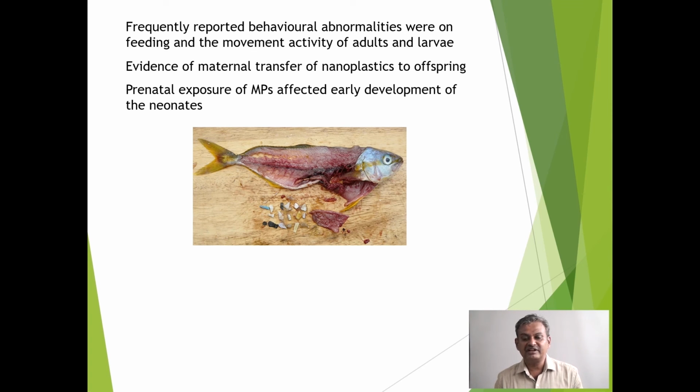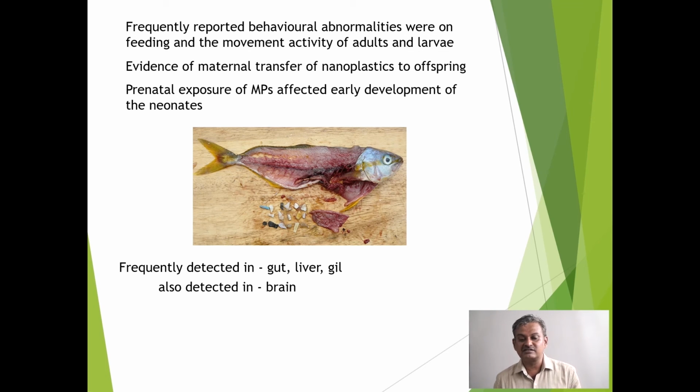The histopathological evidence shows some micro and nanoplastics were accumulated in the adult gut and in some cases in liver and gill. So micro and nanoplastics could be internalized and cause detectable biomarker changes in the blood cells. In rare cases, micro and nanoplastics have also been found in fish brain and caused changes in the brain, showing significantly inhibited acetylcholinesterase activity.